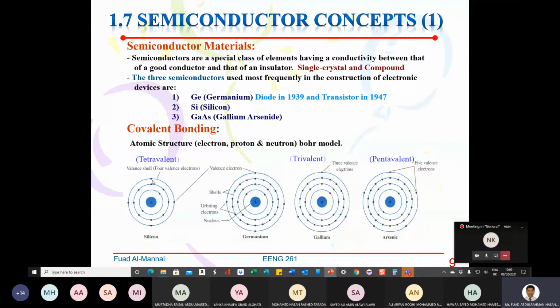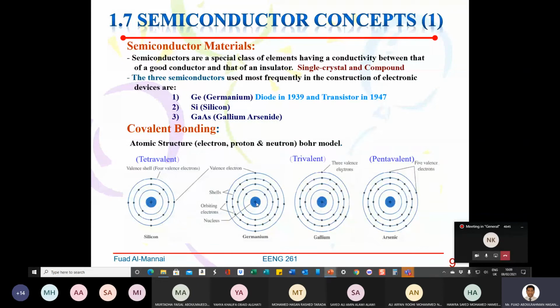Valence electrons 1, 2, 3, 4. Likewise the germanium also has 4 electrons in its outer shell, and we call this tetravalent. 4 electrons in the outer shell.